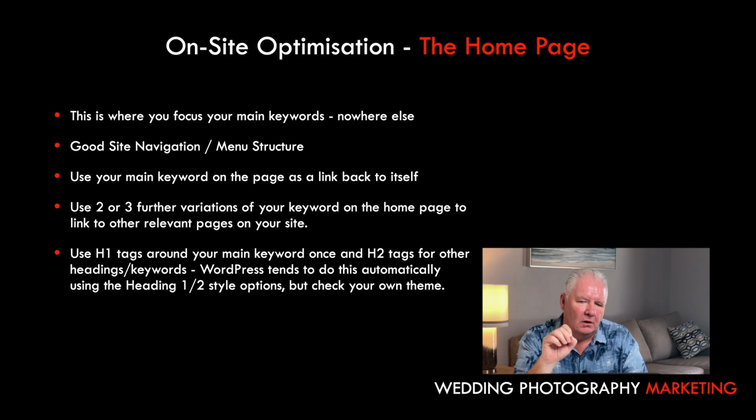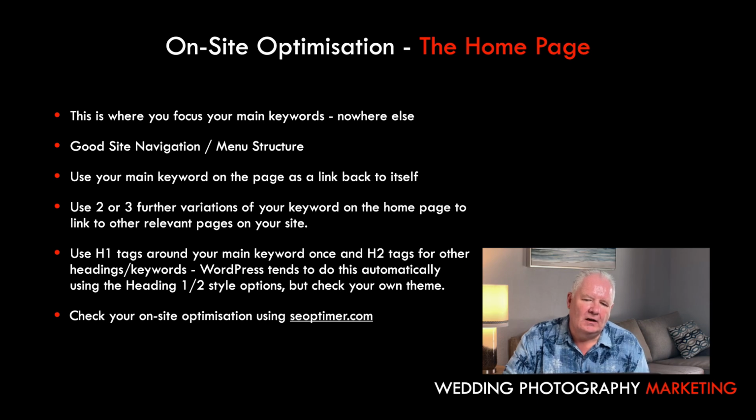H1 tells Google this is important text. So we need H1 tags around the main keyword, and then we use H2 tags for other headings. WordPress, as I say, tends to do that automatically in your theme. If you pick the heading 1 style in your WordPress editor and assign heading 1 against the text, that's you giving it an H1 tag.